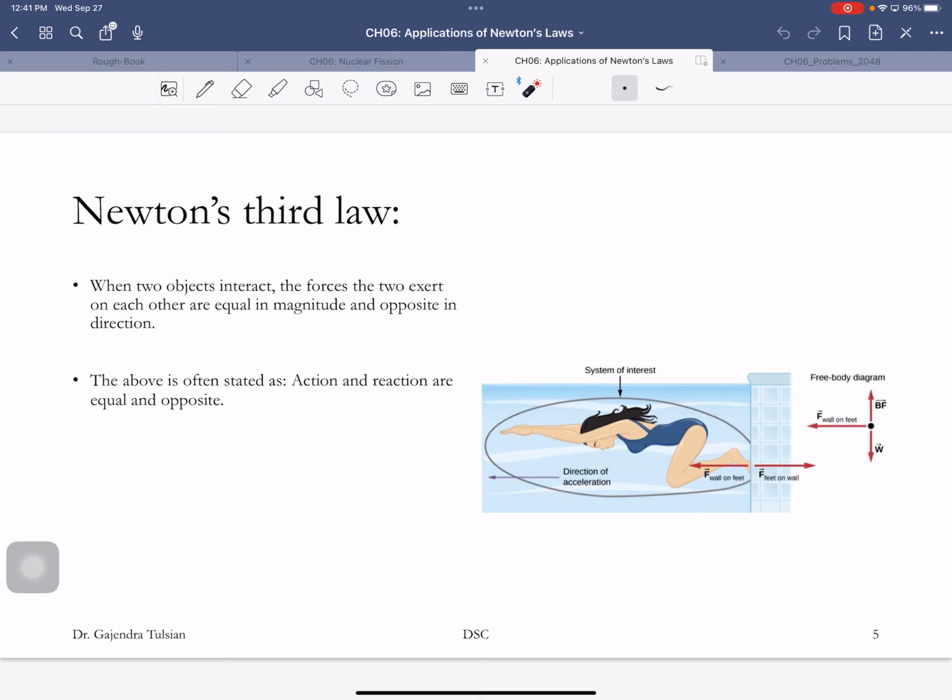Now to interact via the strong or the weak force, you have to be really close. But to interact electromagnetically or via gravity, you can be far away.